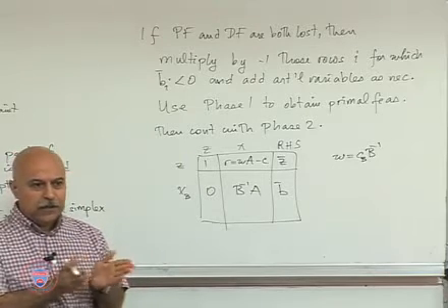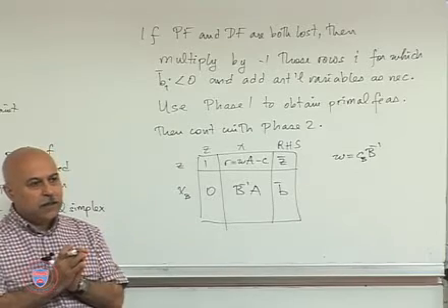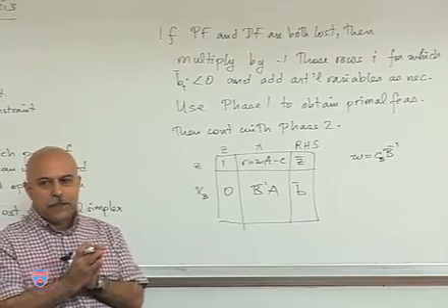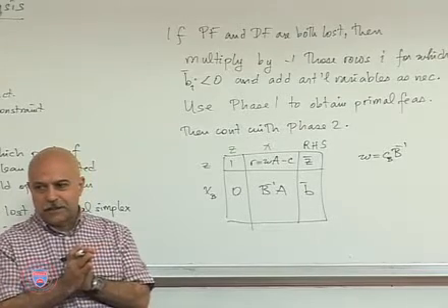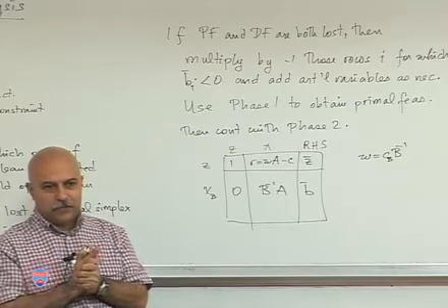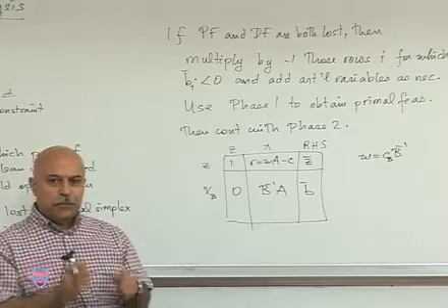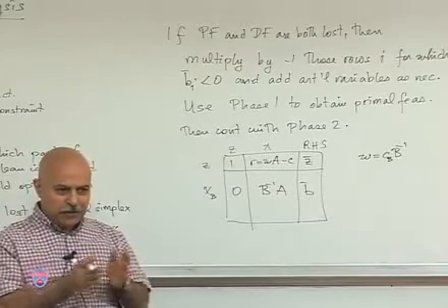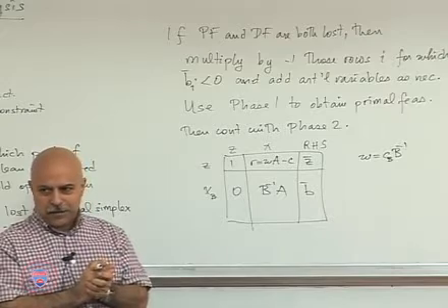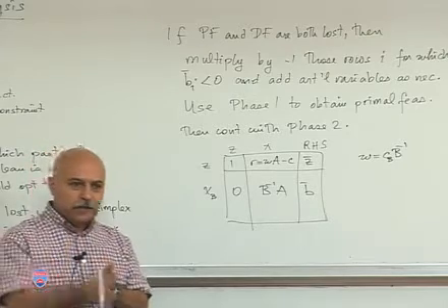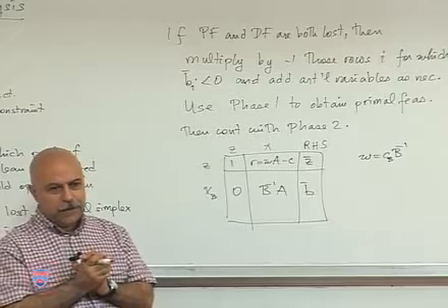Because the new column may actually cause linear dependency among the columns of the B matrix, in which case you don't have a basis anymore. So you have to create a new one by introducing an artificial variable. So you throw out the basic column that used to be basic, which no longer belongs in the basis. In place of it, you introduce a unit vector, which is the one associated with the artificial.